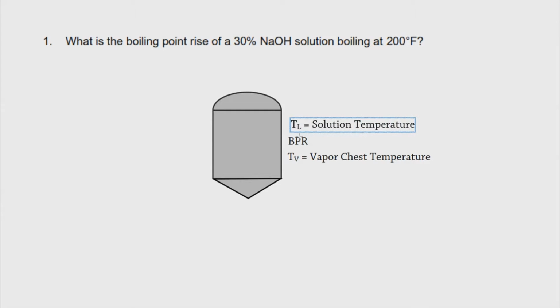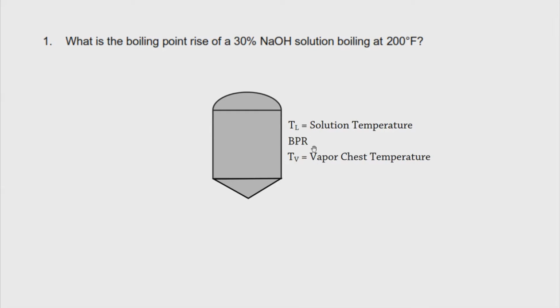Imagine your solution starting at the vapor chest temperature, that's the original boiling temperature of that solution. Because it has some ionic compounds, its boiling temperature increases. That's why the final liquor temperature is the solution temperature, that's T sub L.